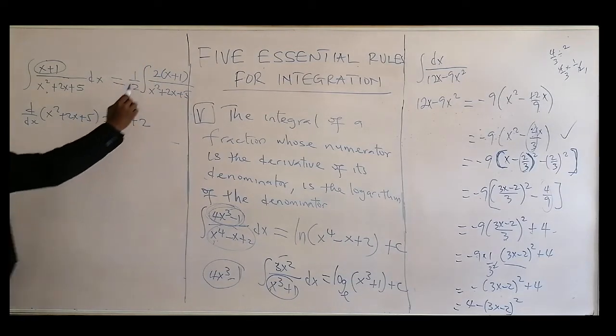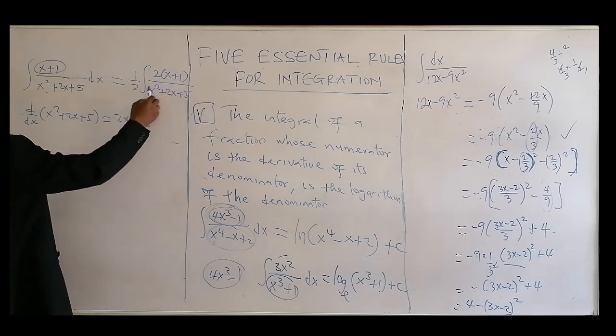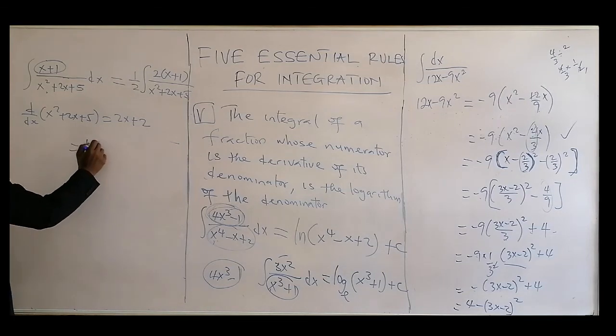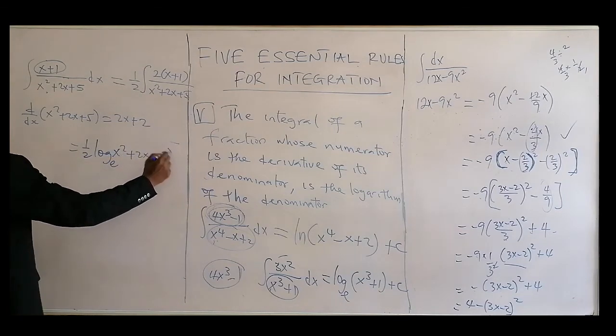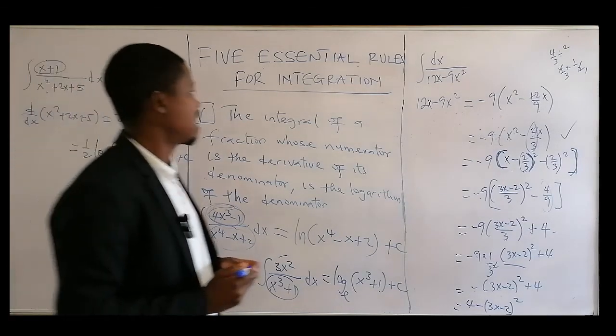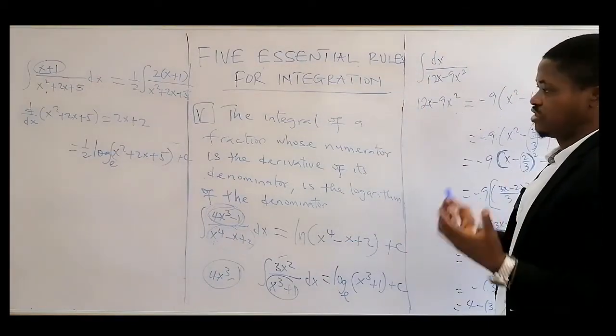In this case, if we expand this to be 2x plus 2, which is the derivative of the denominator, that will be equal to half ln, or log to base e, of the denominator, plus c. So that's that on the 5 essential rules for integration.